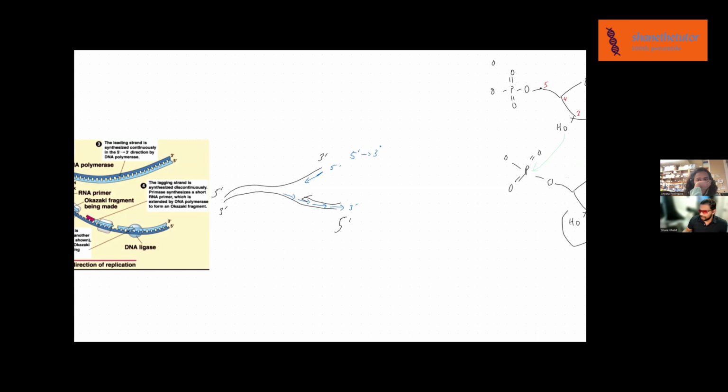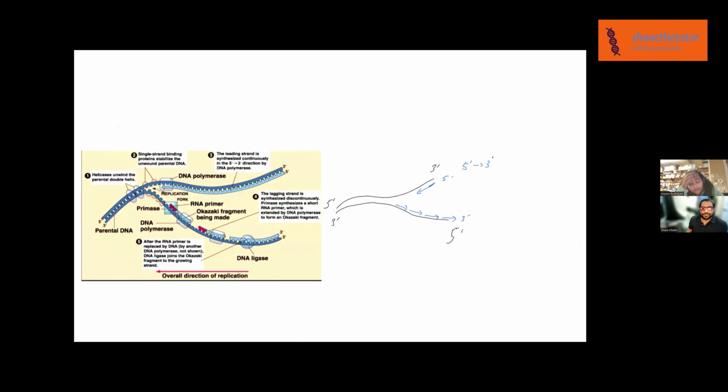Yeah. So it won't go in that direction. It'll go in the direction to the right, and it won't be continuous. So what you have happen is you have RNA primers, which can be added in a 5' to 3' direction.